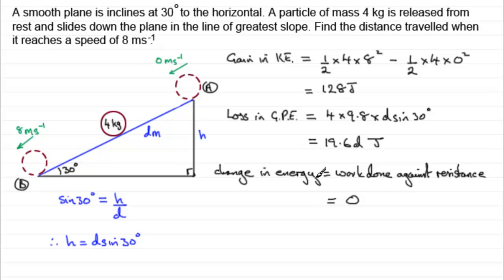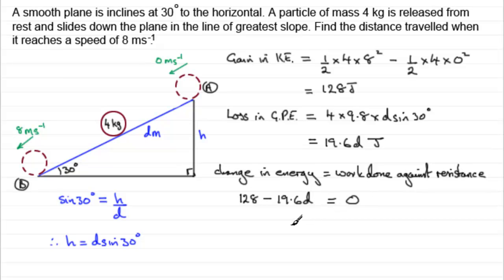So what's the change in energy? Well, that's the gain in kinetic energy, 128 joules, minus the loss in gravitational potential energy, which is 19.6 times d.